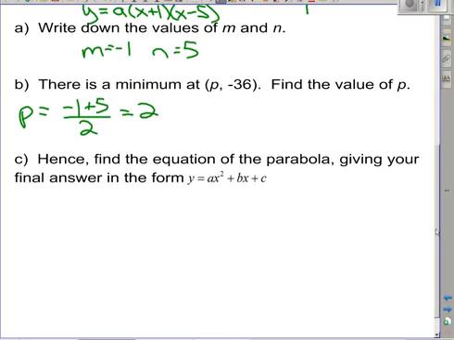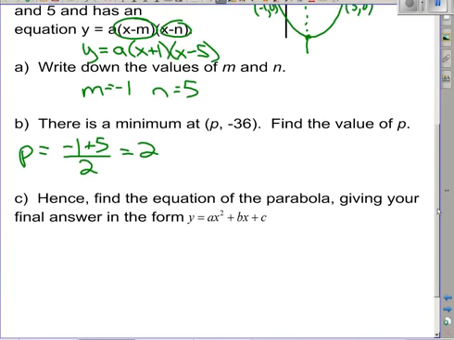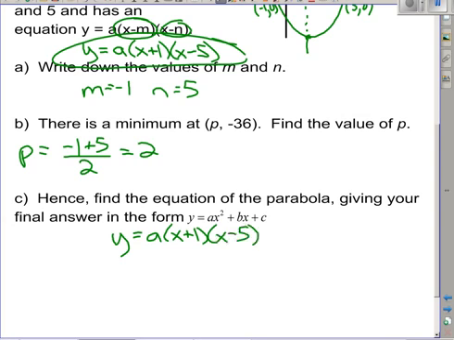Hence, find the equation of the parabola, giving your final answer in the form y equals ax squared plus bx plus c. Hold on now, we don't know really enough about our parabola to do that. We've still got that a value to find. Well, given that we've got this, why don't we sub in the other value that we know, namely 2, negative 36.